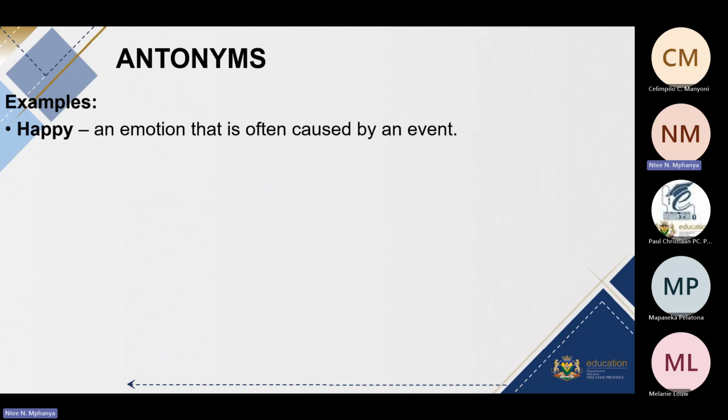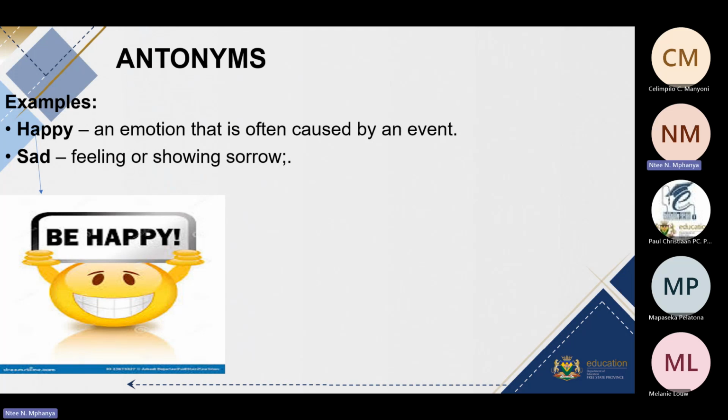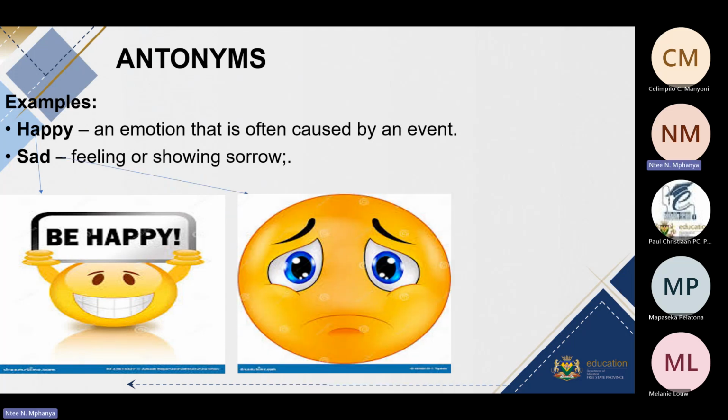Another example is happy, an emotion that is caused by an event, and the opposite, sad, feeling or showing sorrow. Another emoji, I use the same emoji for happy. But now, look at the contrast. This one is sad. Look at the shape of the mouth. Look at the eyes.